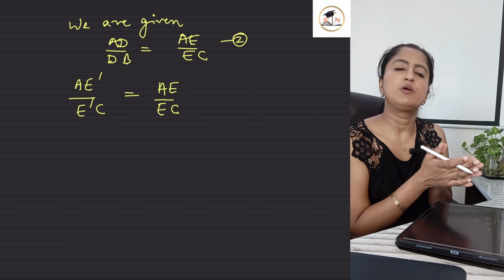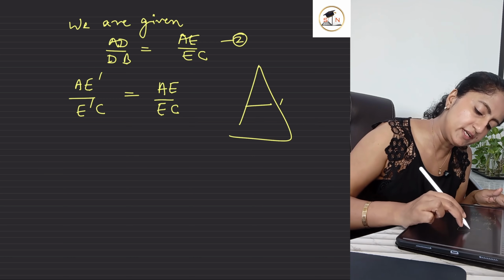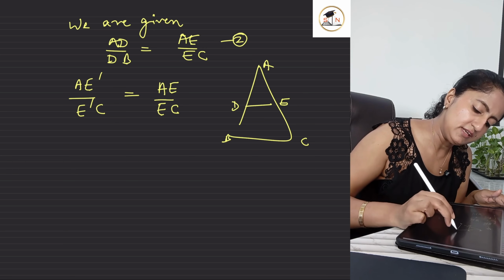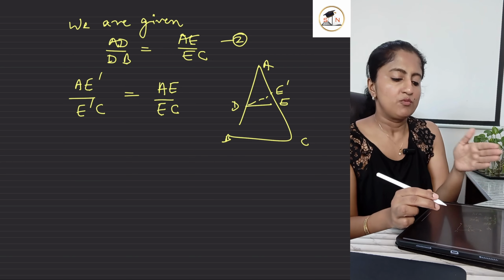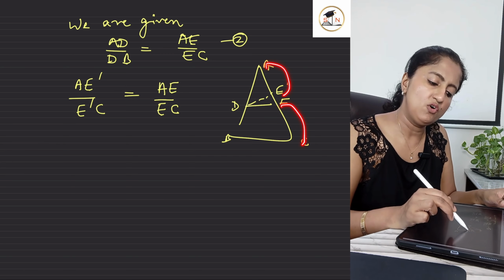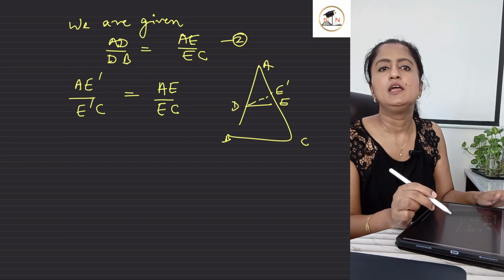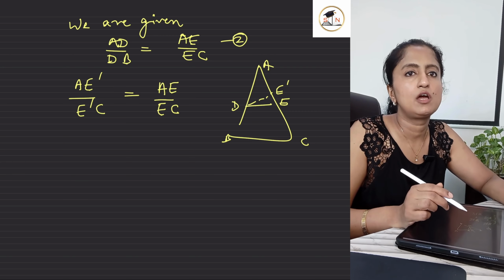Now, I'll just make a quick rough figure over here so that we can refer to it. This was E, this was D, A, B, C, and this was E dash. Now, what we are getting, that AE over EC equals AE dash over E dash C. This is going to be possible only if E and E dash coincide.